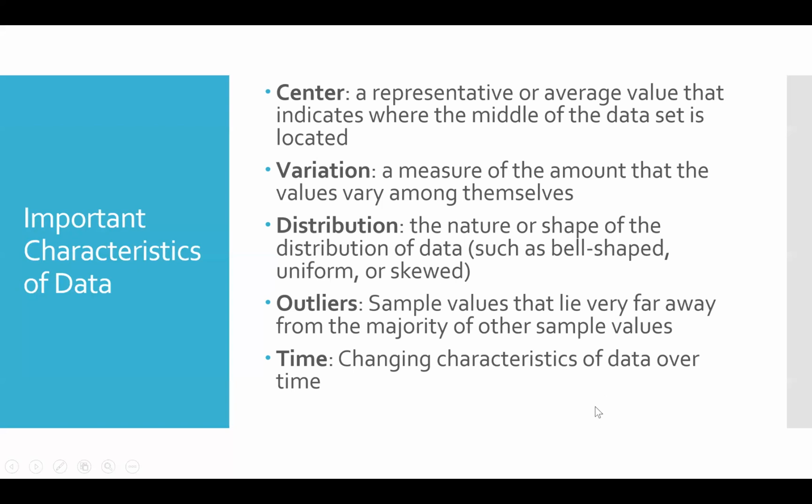Outliers are just that. They're values that do not seem to fit with the rest of the data values. Okay. They are either numbers that are just way, way low, or they're way, way high. They just don't seem to fit with the rest of the data. And then time, I hope it's obvious that a lot of data can change over time.